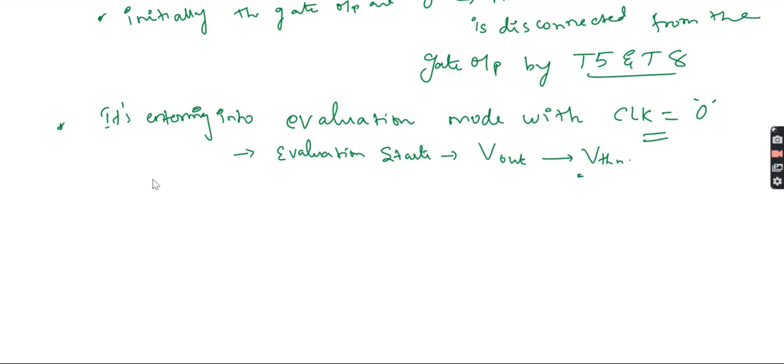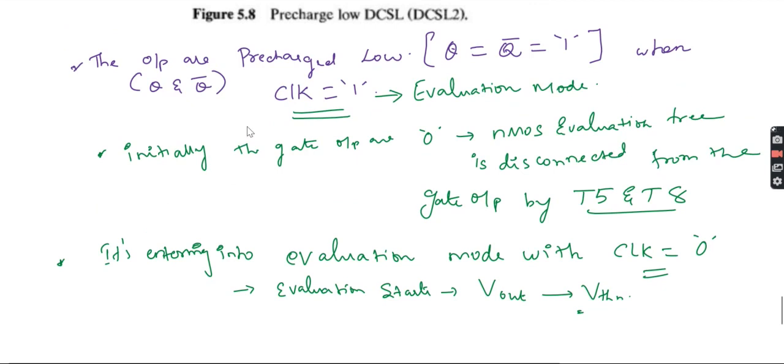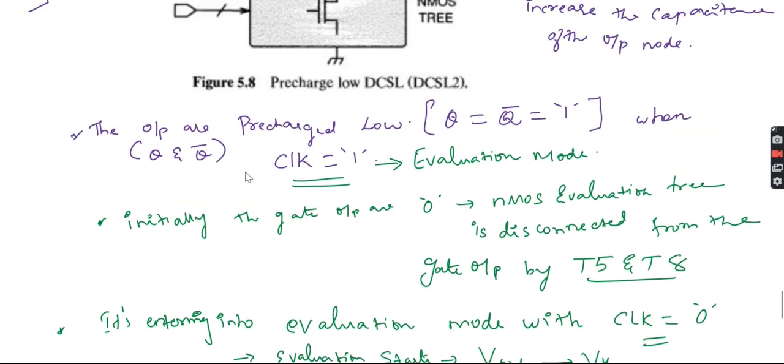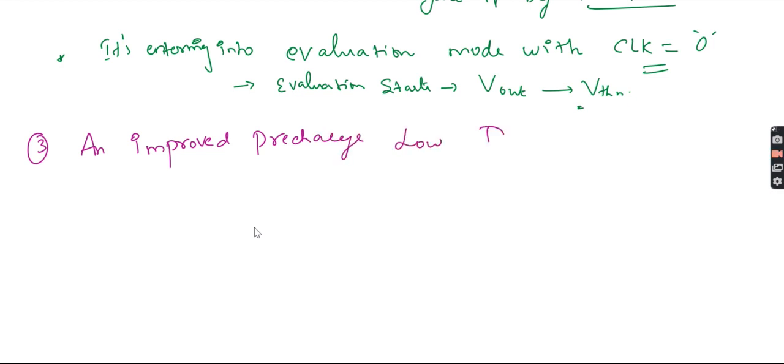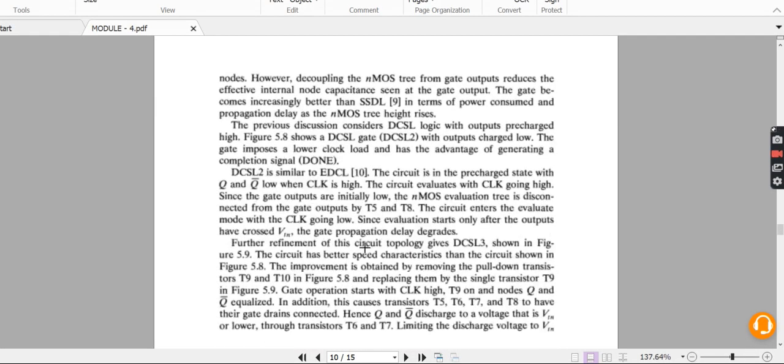Next, there is an improved pre-charge low circuit, because we consider this as the pre-charge low circuit. Now I'll go for the improvised version. The third is the improved pre-charged low DCSL circuit.